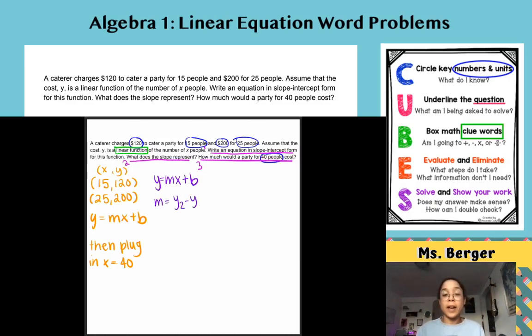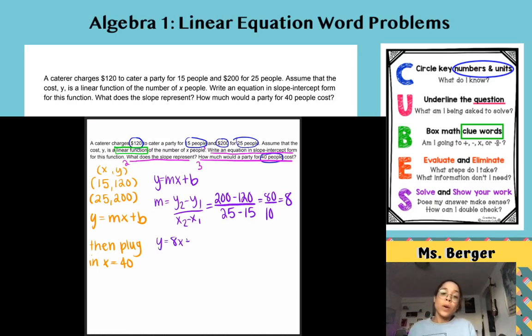Well, we've got to find our slope using the 2 points that were given. We're going to find that using the rate of change formula, which is y2 minus y1 over x2 minus x1. So we're taking our 200 minus 120, which is our y values, then our 25 minus 15, which is our x values, and dividing them, we get 8 for our slope.